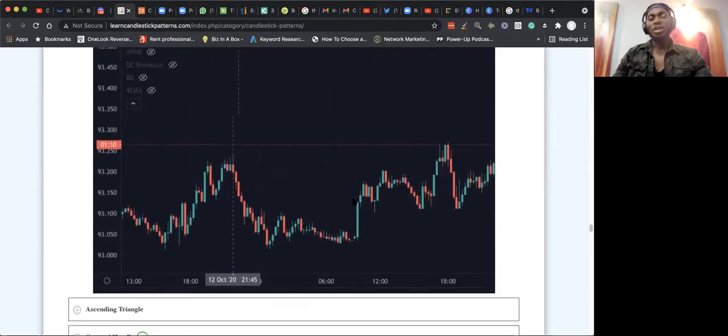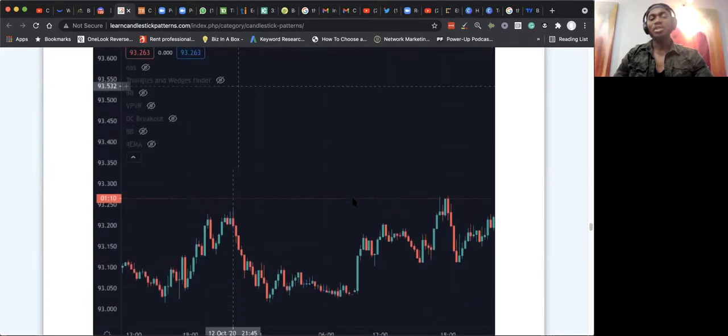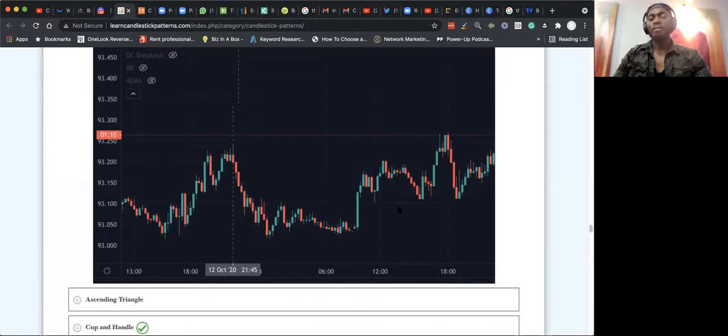All right, next chart is a US dollar currency 15-minute chart. This chart is a cup and handle. Cup and handles can be a bit difficult to spot, especially with a chart that looks like this. But the harder I look at it, I can see that significant rounded bottom right here from this price rally up to the resistance line and a bounce to the downside.